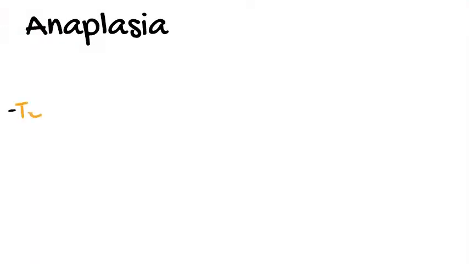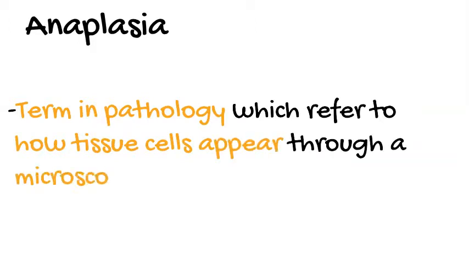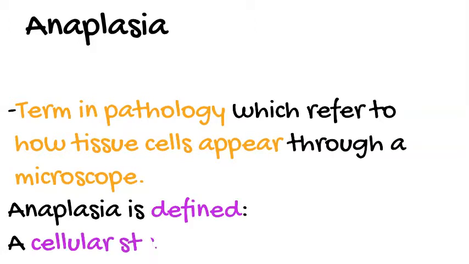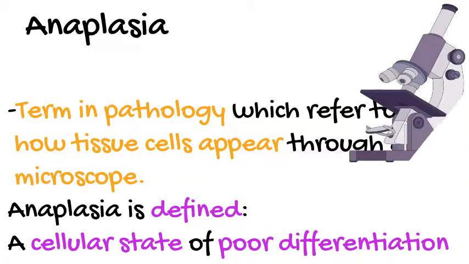Now, I am going to describe anaplasia. Anaplasia is the term in pathology which refers to how tissue cells appear through a microscope. Anaplasia is defined as a cellular state of poor differentiation.